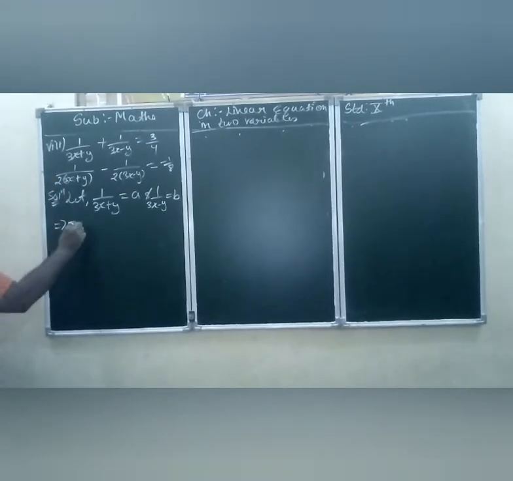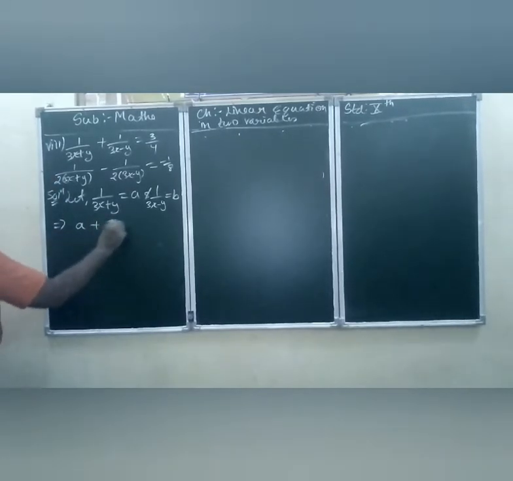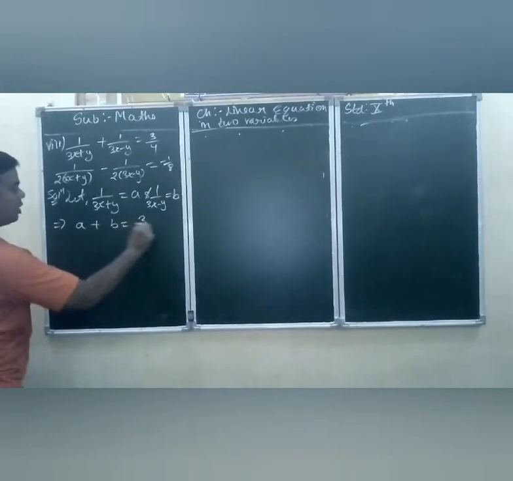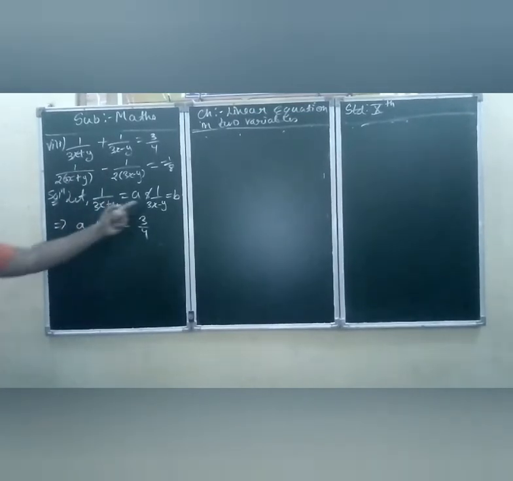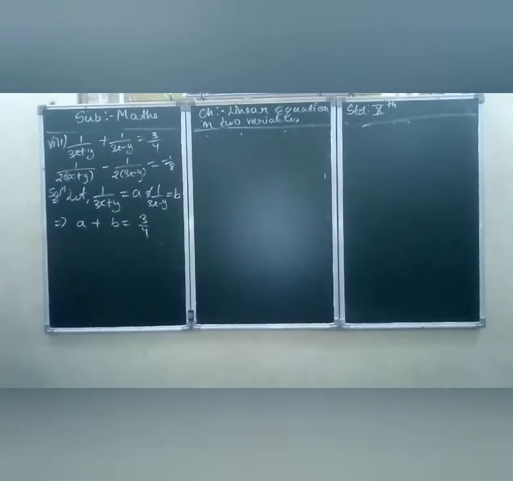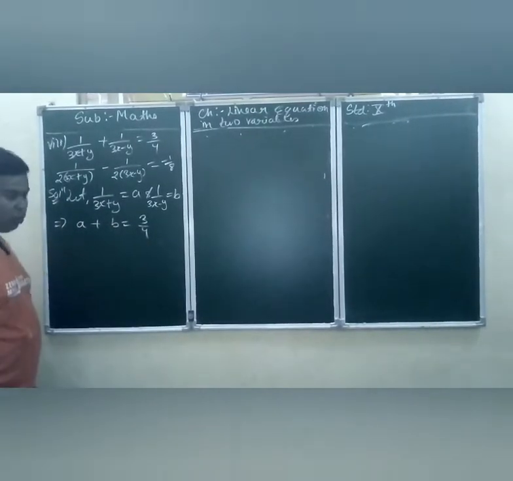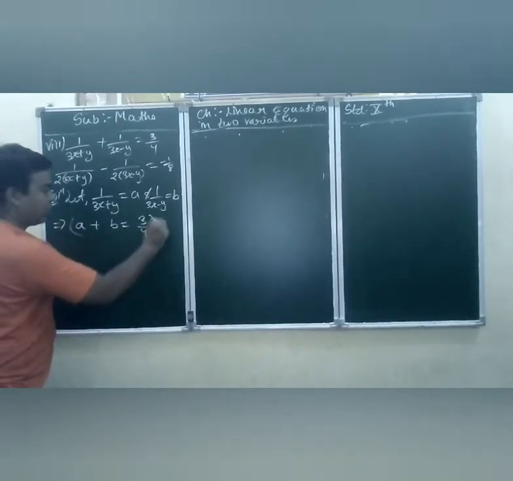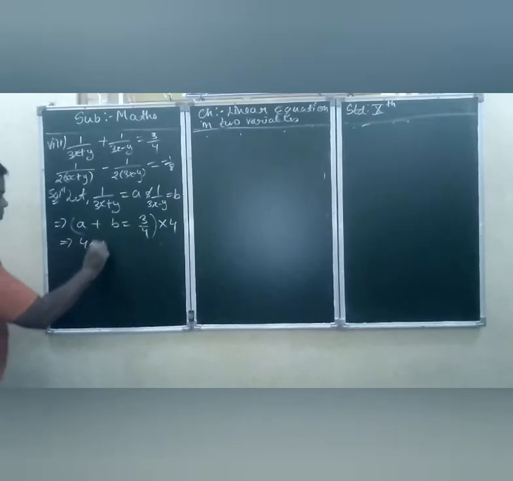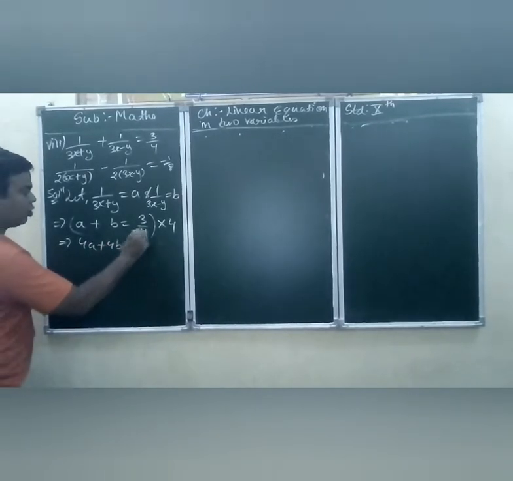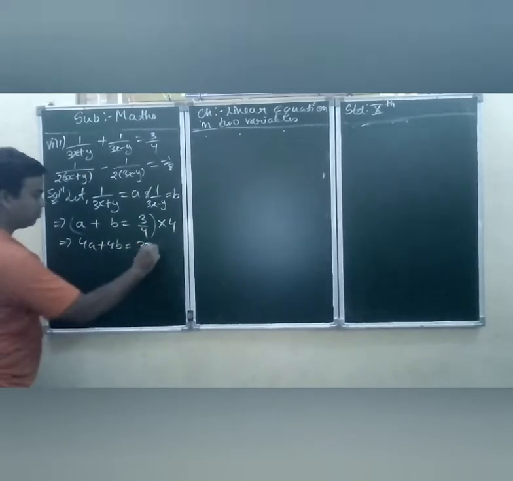So a plus b is equal to 3 by 4, because 1 by 3x plus y equal to a and 1 by 3x minus y equal to b. The denominator is 4, so the whole equation is multiplied by 4. So 4a plus 4b is equal to 4 cut 3.